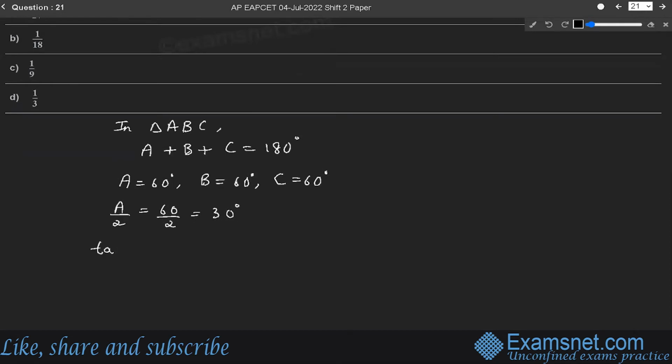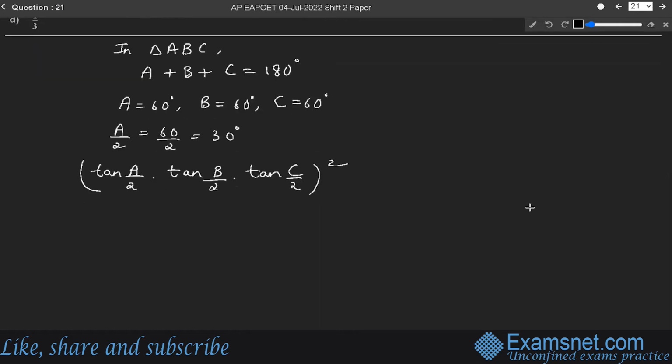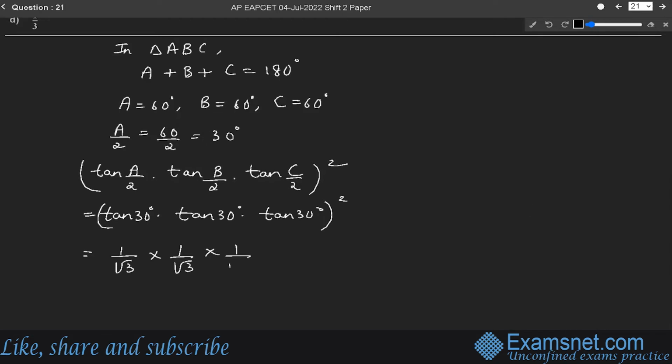Now we have to find the value for (tan A by 2 into tan B by 2 into tan C by 2) whole square. So putting the values of A by 2, B by 2 and C by 2, it becomes (tan 30 degrees into tan 30 degrees into tan 30 degrees) whole square. We know the value for tan 30 is 1 upon root 3, so (1 upon root 3 into 1 upon root 3 into 1 upon root 3) whole square.